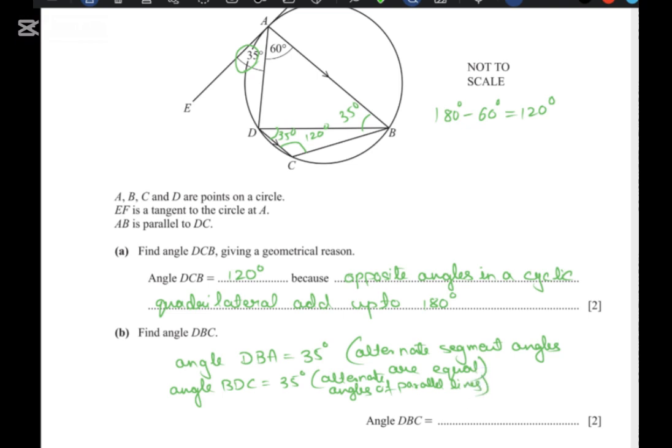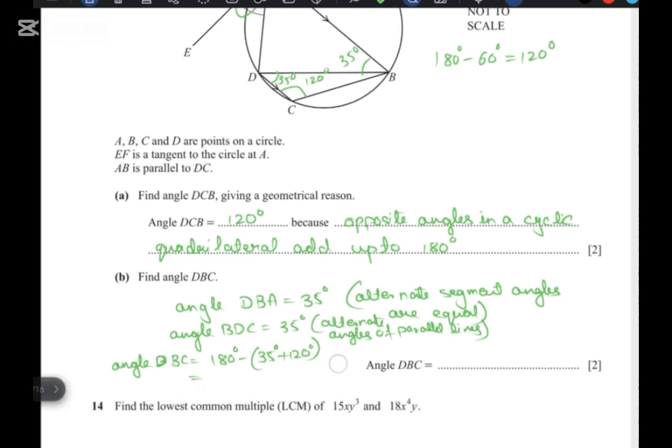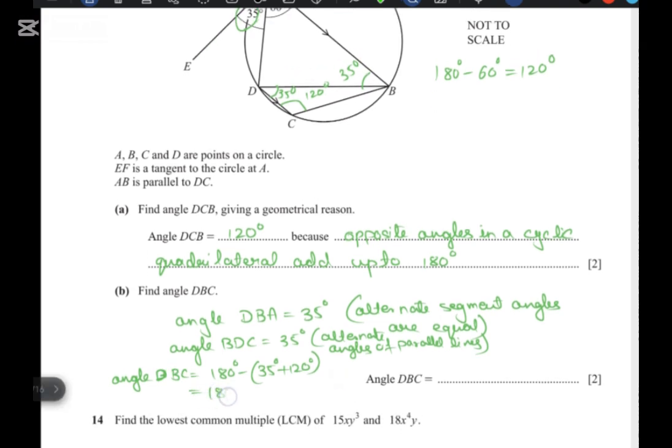Then angle DBC is equal to 180 minus (35 plus 120), which is 180 minus 155. So it is 25. So angle DBC is 25 degrees. Question number 13 is over.